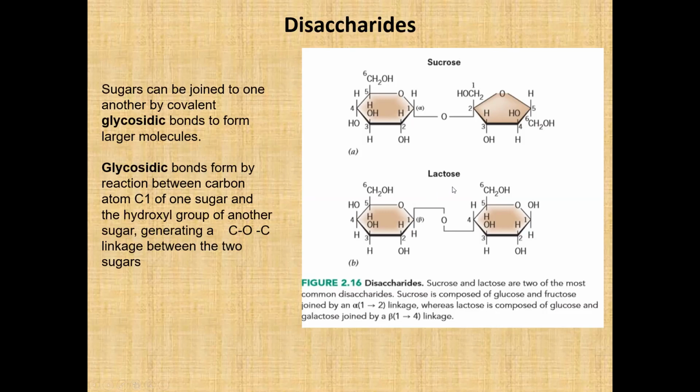Another very popular representative of this group is lactose. But it has a different composition because instead of fructose, lactose contains galactose, another monosaccharide. So in the case of lactose, we have a glucose molecule and also a galactose molecule, joined by the same glycosidic covalent bonds.